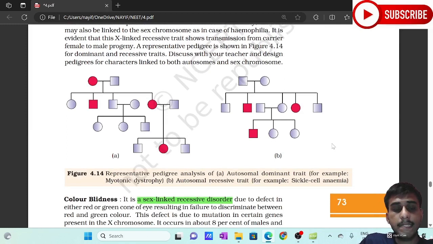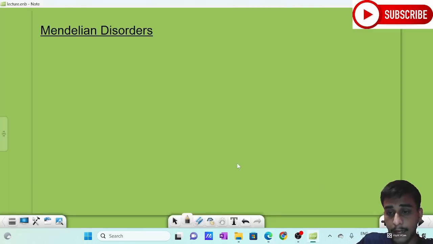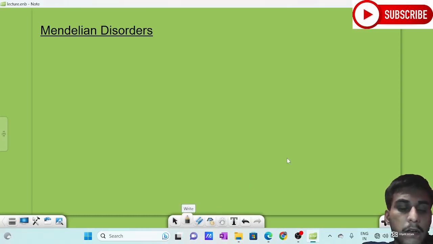So there are certain shapes and structures for pedigree analysis. Now we are going to write it. Actually, from here I will say the order in which we will be studying. First we will be discussing the Mendelian disorders, which follow the Mendelian pattern of inheritance. After that we will go to pedigree analysis, and after that we will discuss each and every disease in detail.